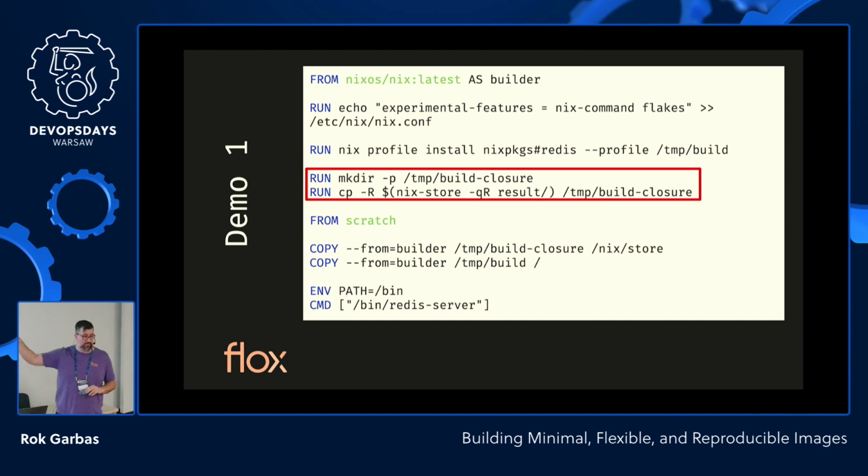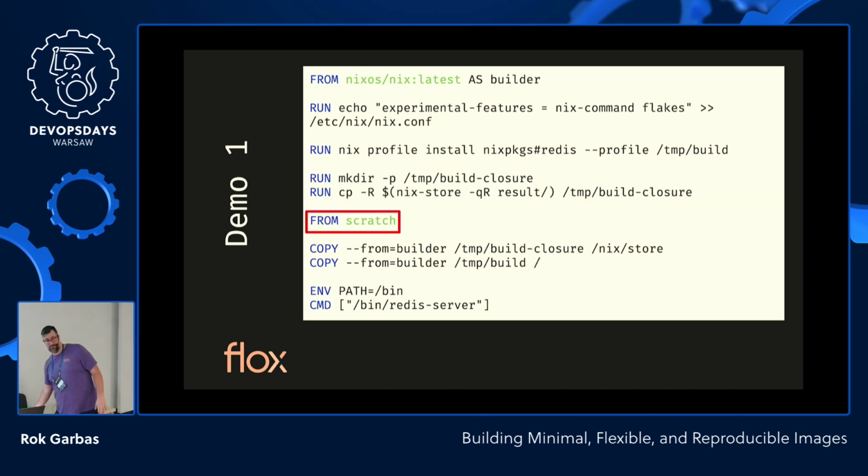There is a nix store command, which creates the closure, and then we just copy it over. That's also understood. It's sort of like bundling all your runtime dependencies.